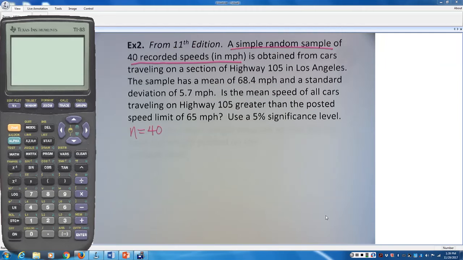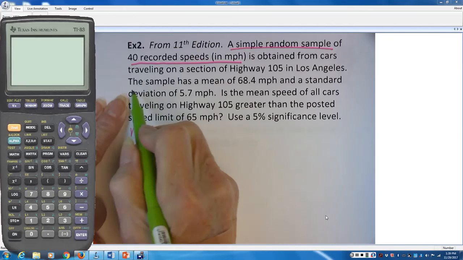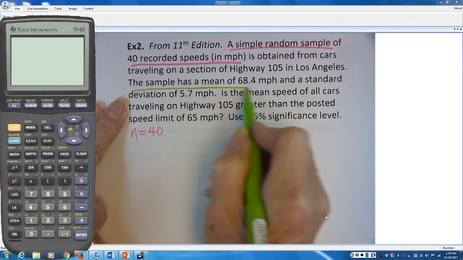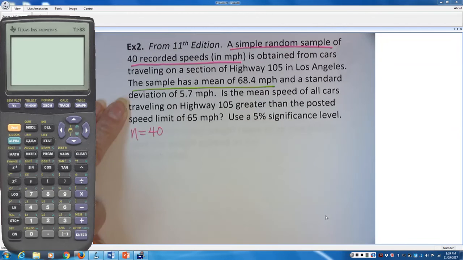That's obtained from cars traveling on a section of Highway 105 in Los Angeles. The sample has a mean of 68.4 miles per hour. Somebody else, what did that tell us? What piece of information did that give us? It gave you X bar.